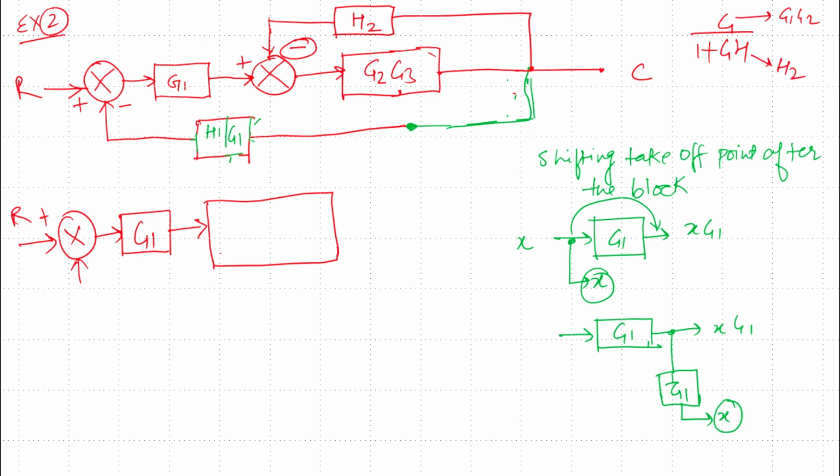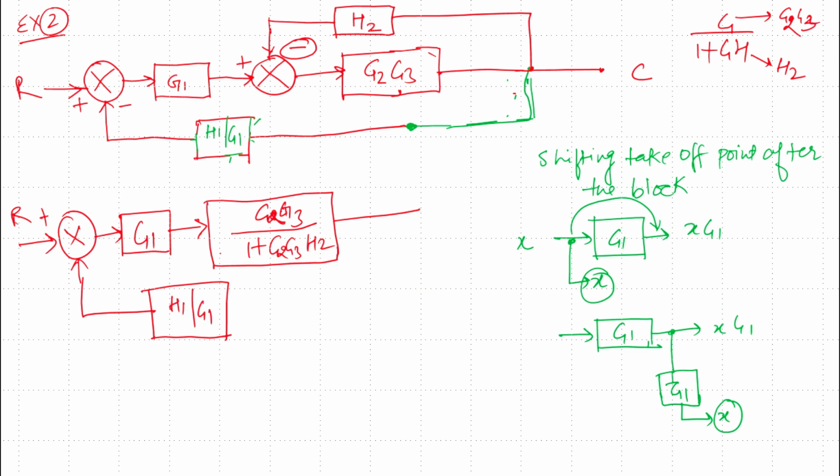So it can be represented by a single block with the gain G2, G3 divided by 1 plus G2, G3, H2. And there will be a feedback network with the gain after the applied shifting of the takeoff point.